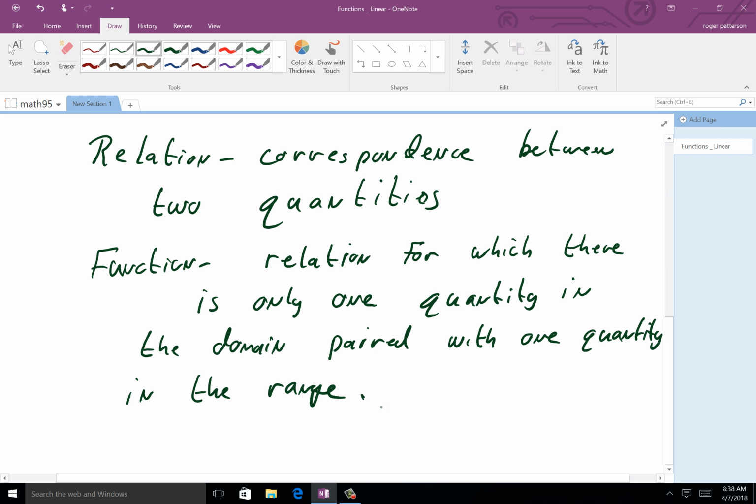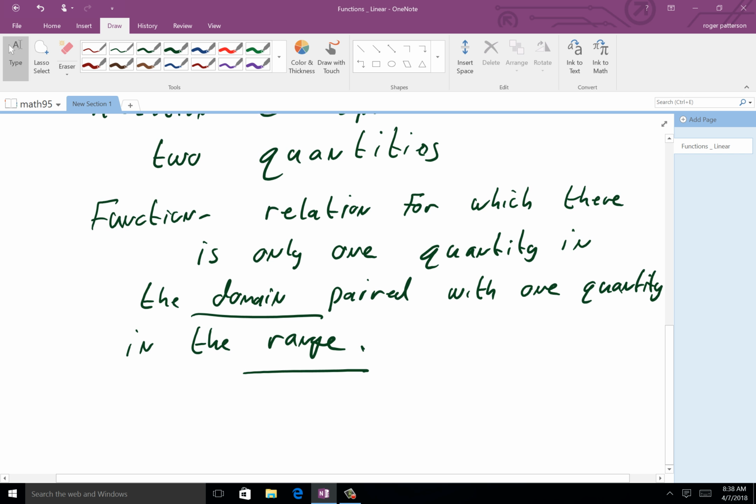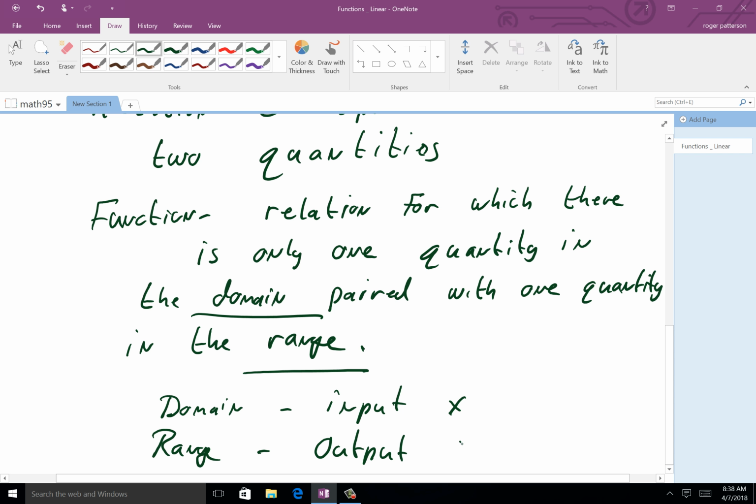So basically we got some stuff here. So we have domain, we have range, all right? And the domain of a function is called the input, or the x, and the range is called the output, or y.